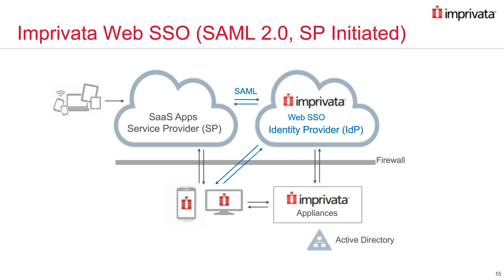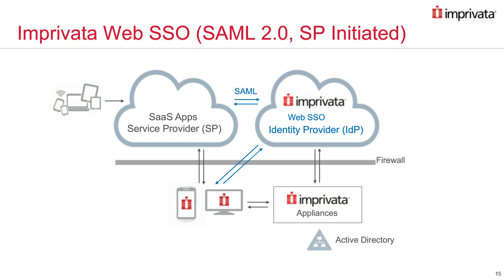Maybe it's Office 365, maybe it's Salesforce, maybe it's Athena Health. Any number, really. Pretty much any SAML 2.0 compliant service provider or application in the cloud can be configured to point to our identity provider.